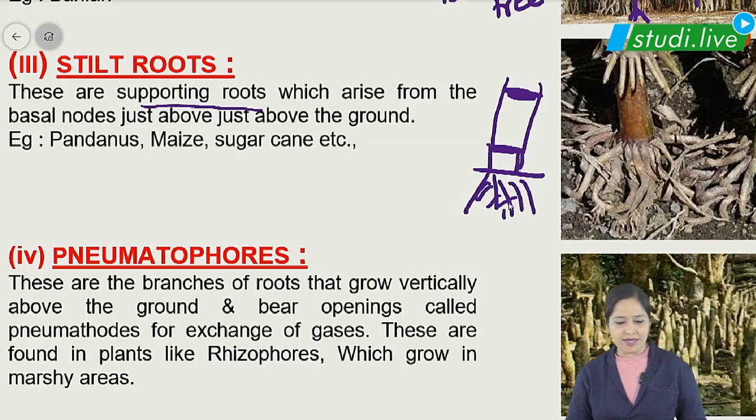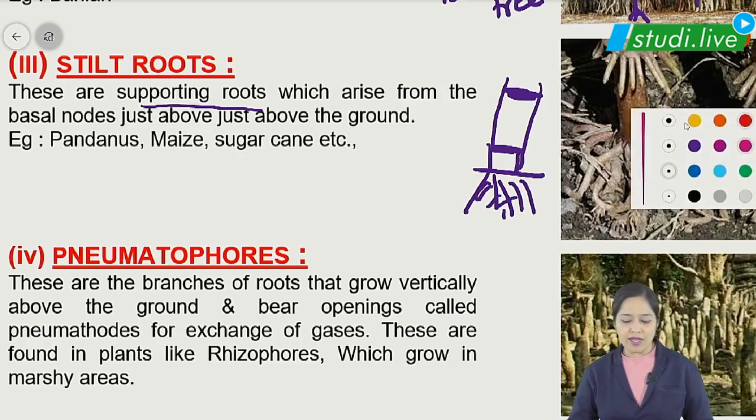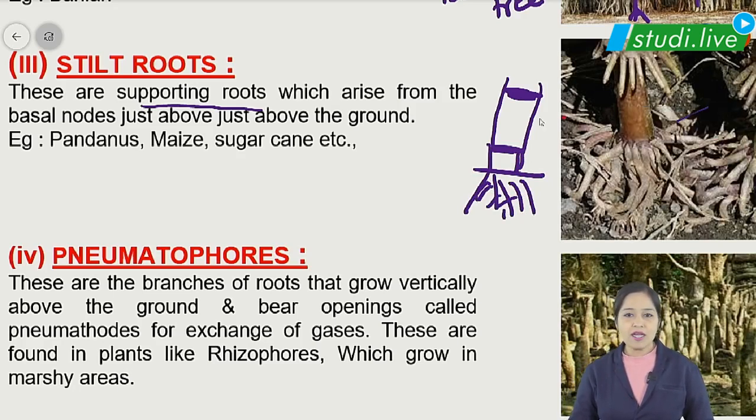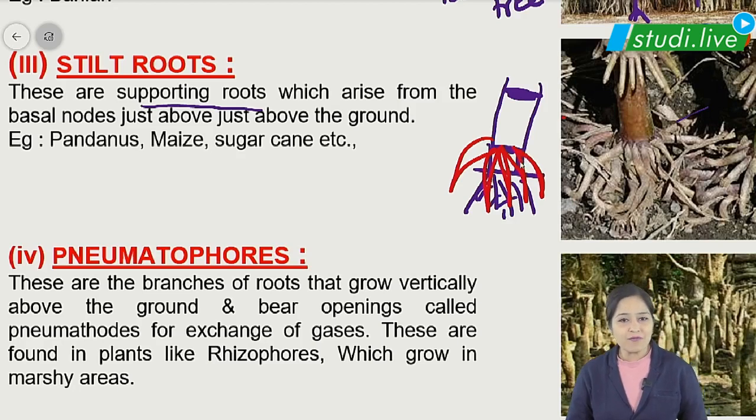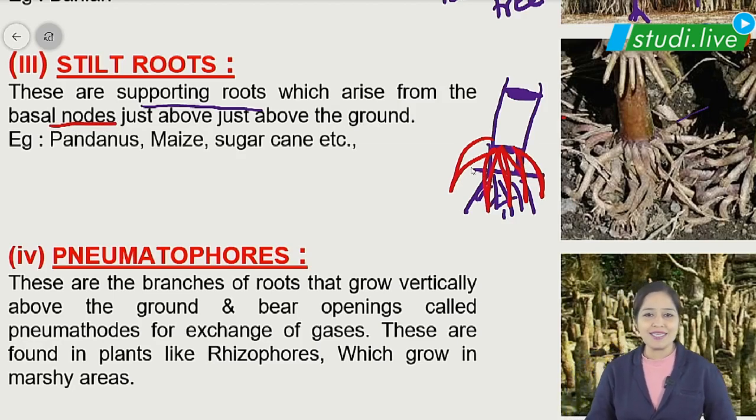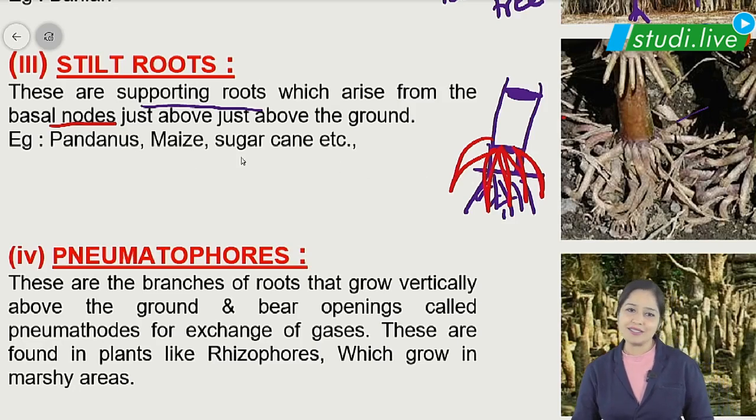Here we have got a cluster of equal size roots arising from the basal node just above the ground. They are known as stilt roots.